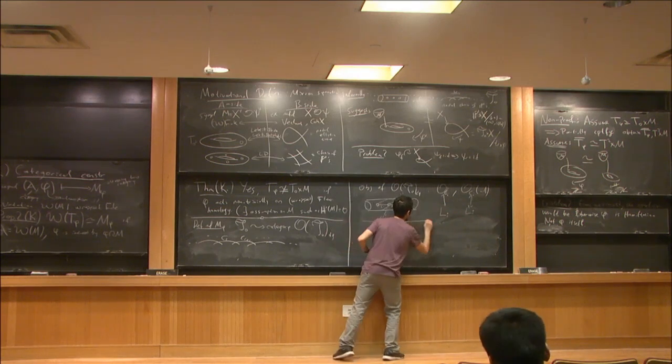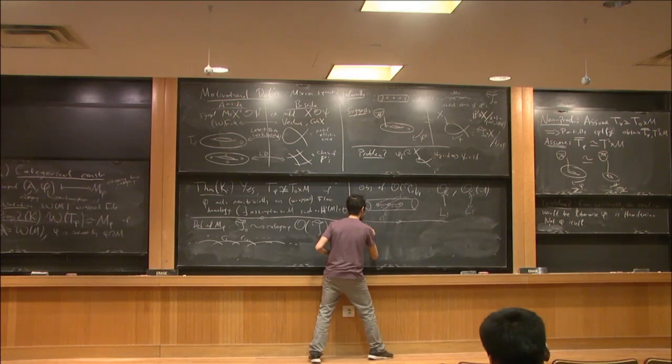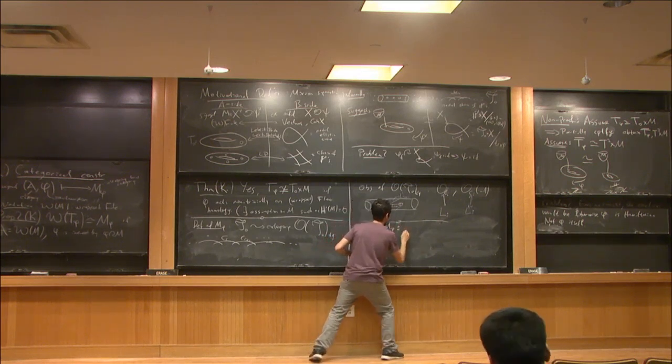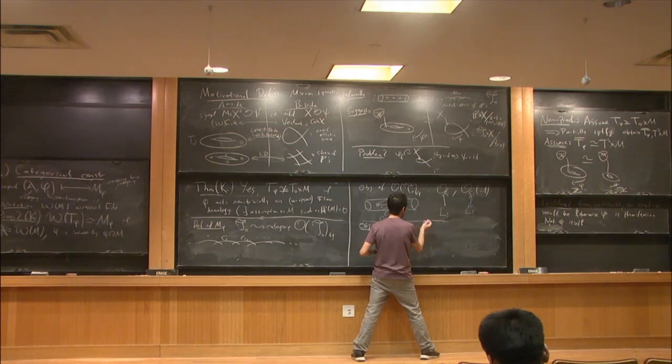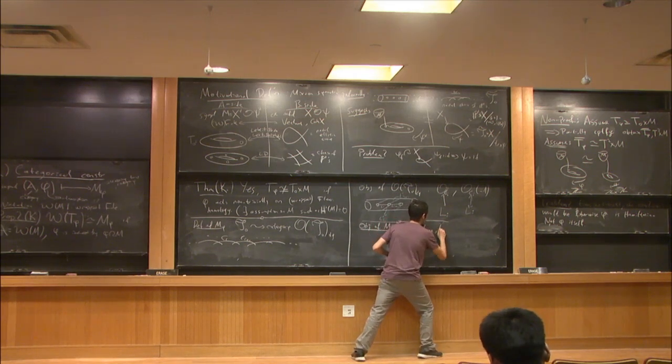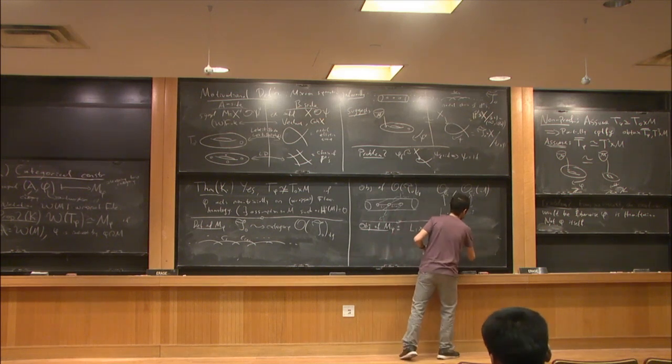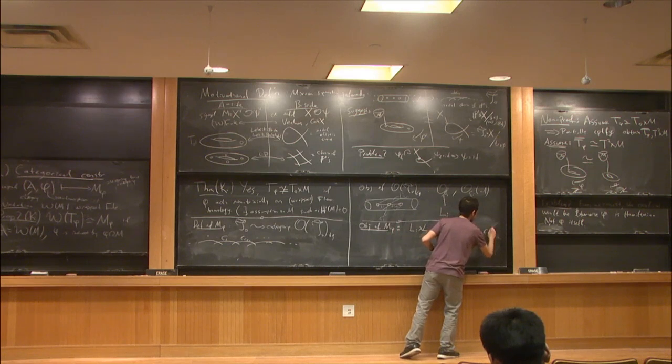So the objects of M phi are, well, I will cheat in the notation to make it look more symplectic, but remember this is a very algebraic construction, so I denote this by Lm, but Lm is just an object of A.